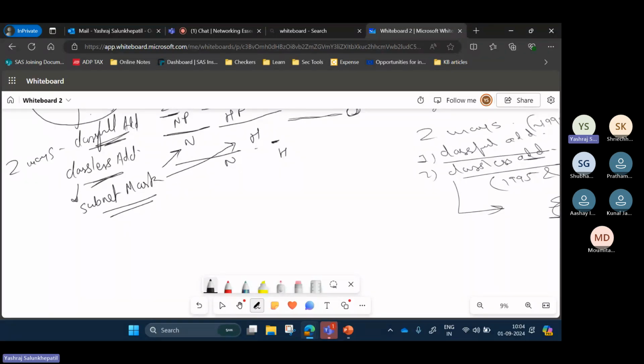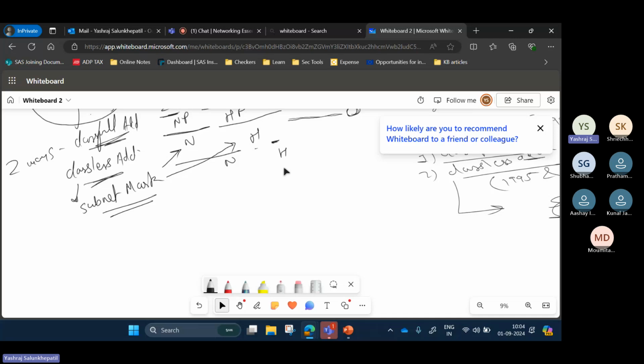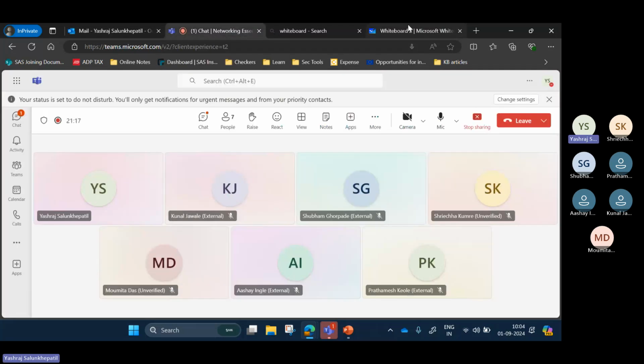The rest who were not there yesterday, once I give you access to the recording, please go through it. You will get it in much detail. Again, I would suggest कि initial जो classes है वो miss मत करो. उसके बाद it's fine, you can be absent.